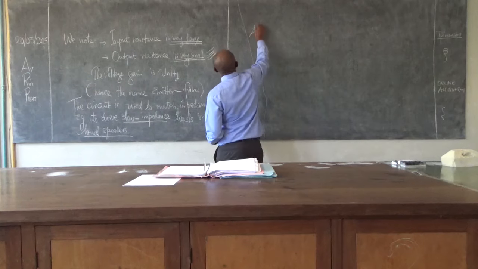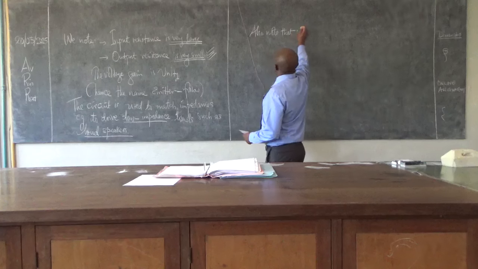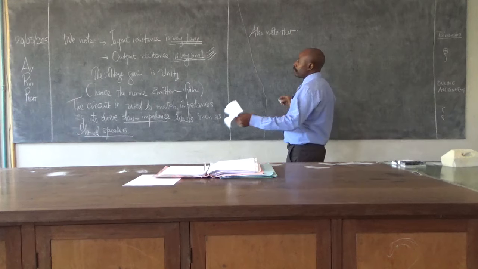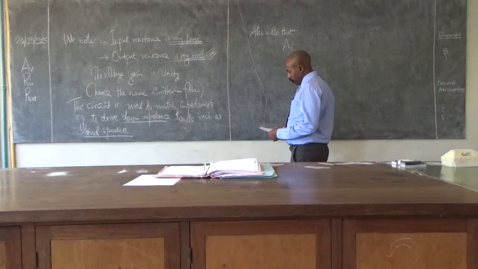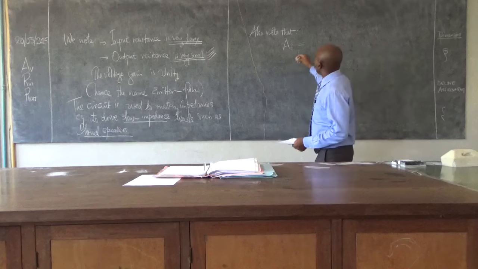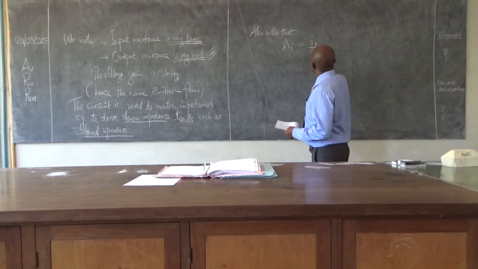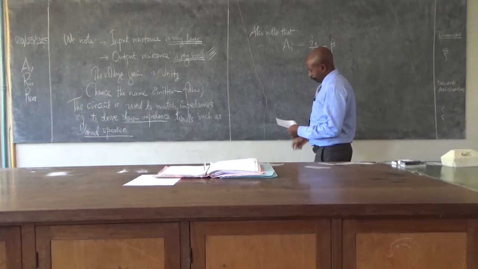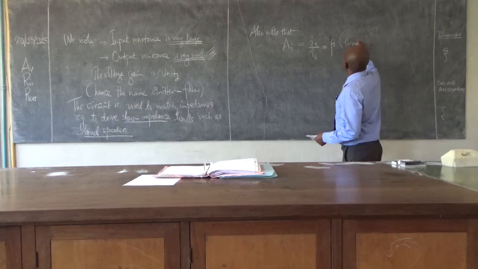We also note that the current amplification, which is IE over IB, equals beta, would be called the current gain.